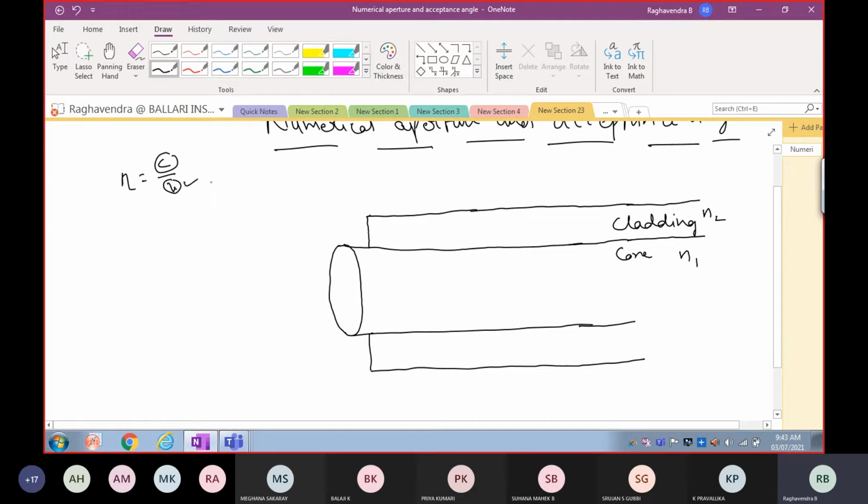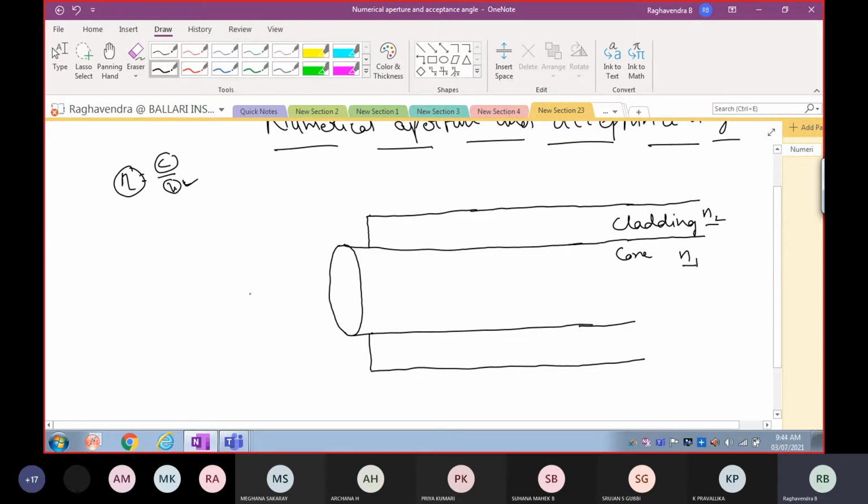And this velocity is different for different media. It is different for gaseous, liquid, and solid media. So based on this velocity, the refractive index is decided. So here N1 is the refractive index of core, N2 is the refractive index of cladding. It is a dielectric material.